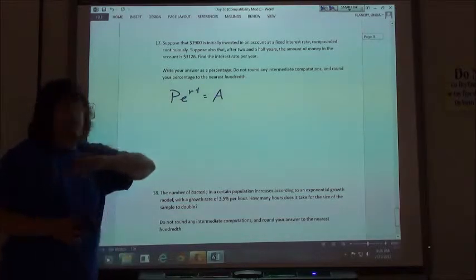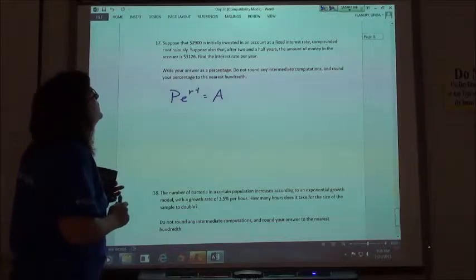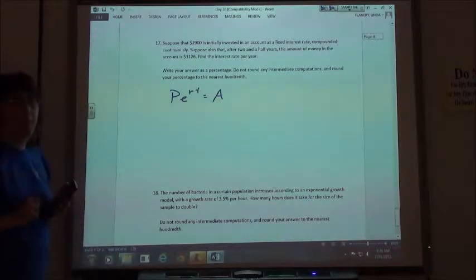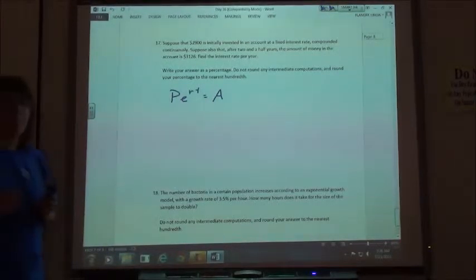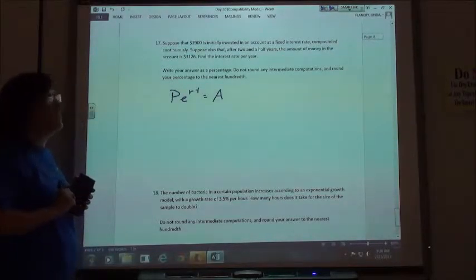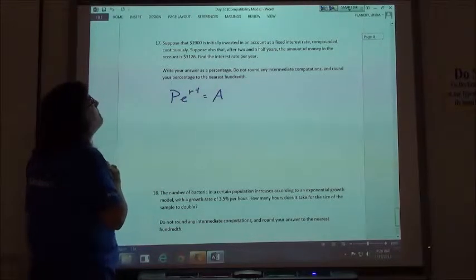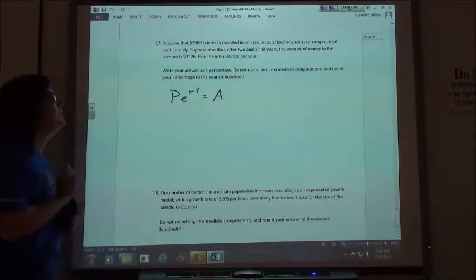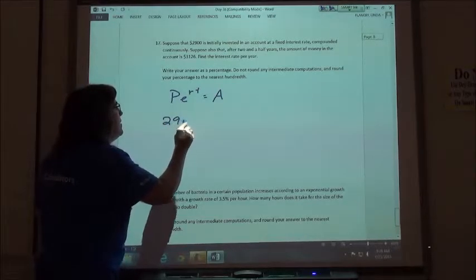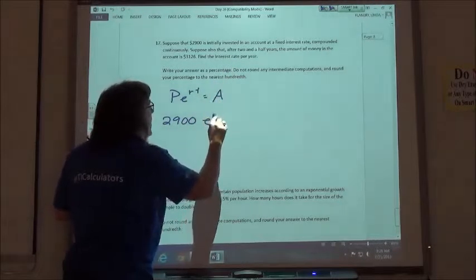So P would be equal to, the P would be what number? 2,900. E to the, we're finding the rate.